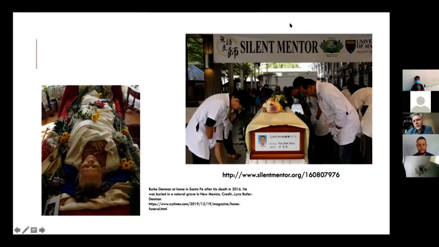There's a very interesting example of this, which is Tzu Chi University in Taiwan, which started this practice called silent mentor, where while you are still alive, you are asked to donate your body to medical research. And then after you die, the medical researchers will first go and visit your family.